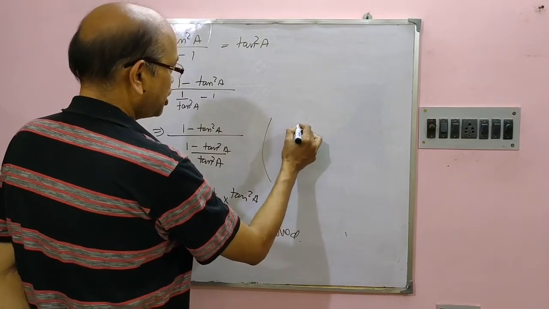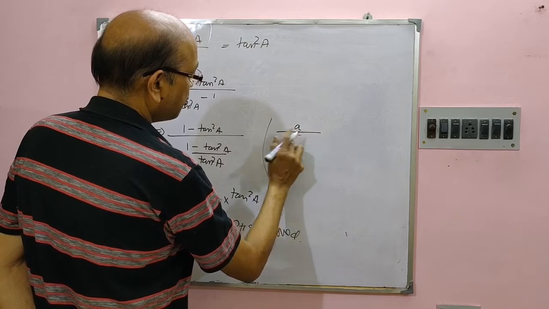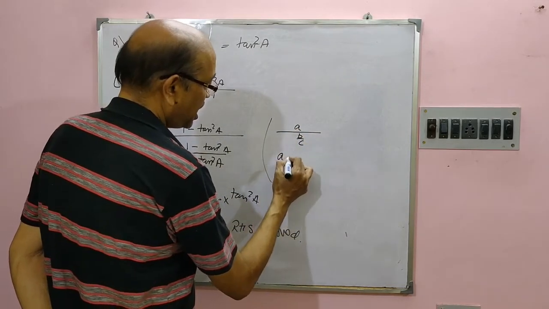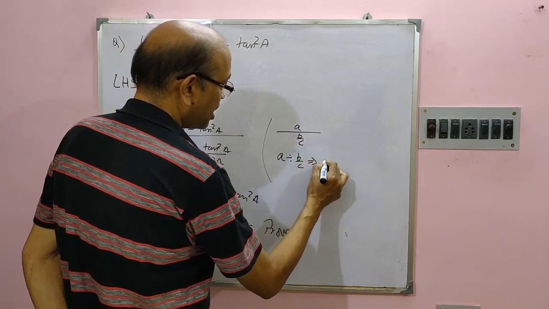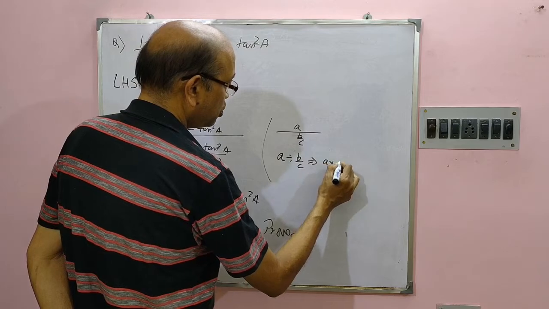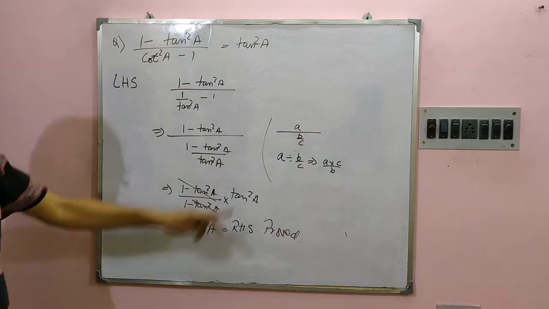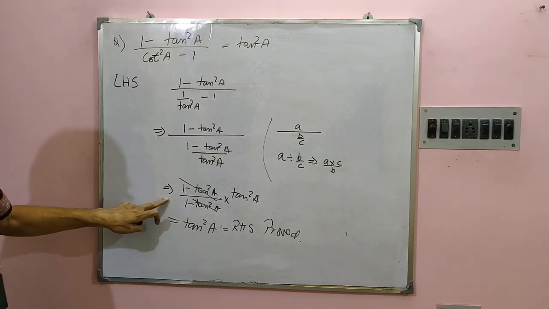See, I got here A whole divided by B by C. If I take it like this, that means A divided by B by C, which means A into C by B. Is this clear, the division here? Is this the division clear here now?